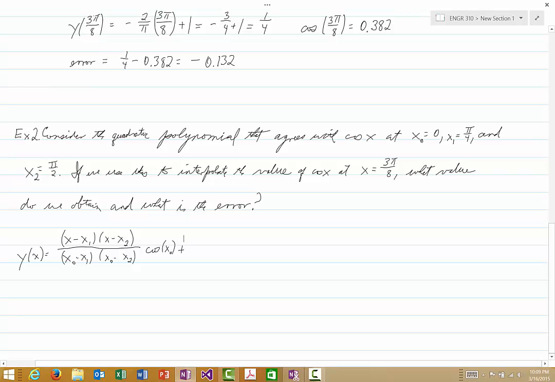So when x is equal to x0, this term is just equal to 1.